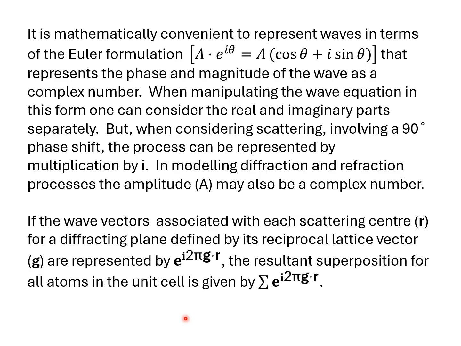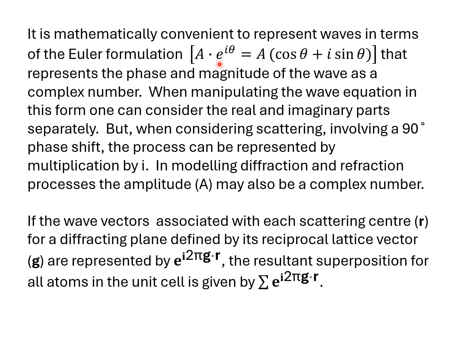It's typical to represent the waves by an exponential form. You can do that because you have the Euler equation, where you can represent a wave, which we've been talking about here in terms of sinusoidal or cosine variation in amplitude.